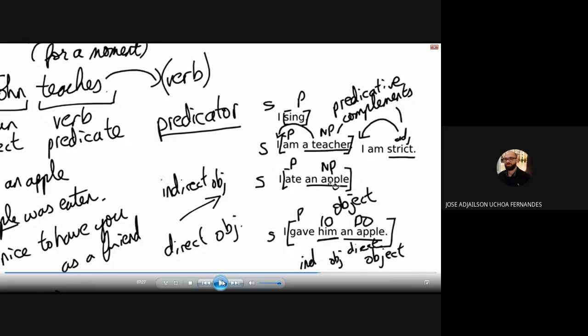They are not preceded by a preposition, but if we rephrase the sentence, we can say, for example, "I gave an apple to him." Although it's not as usual as "I gave him an apple," this kind of manipulation can be done to make the preposition explicit. So that's why him is the indirect object, because it's the direction where the action goes. That's the point.